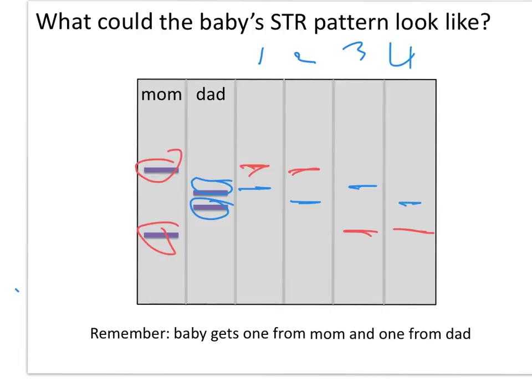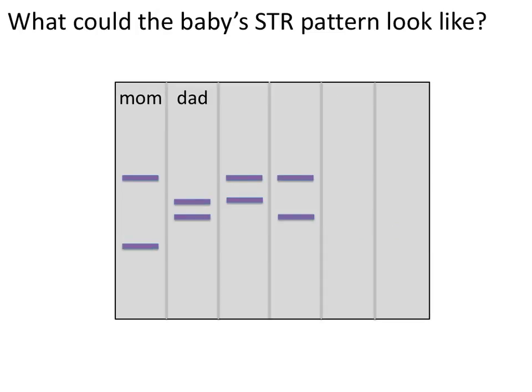So if you've got two people, there's two bands for each. You've got 4 possibilities. Here we are again, mom and dad. We can see that baby number 1, this could be the dad, and this could be the mom.